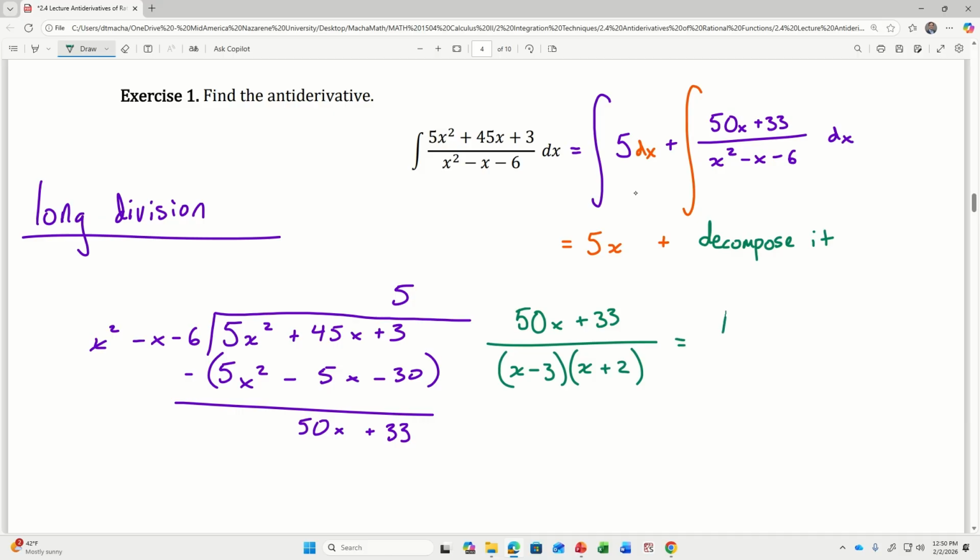And so that's going to be equal to a constant over x minus 3 plus a constant over x plus 2. And I can write 50x plus 33 is equal to A times x plus 2 plus B times x minus 3.